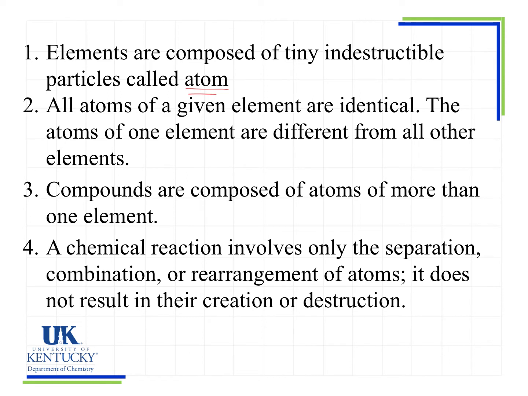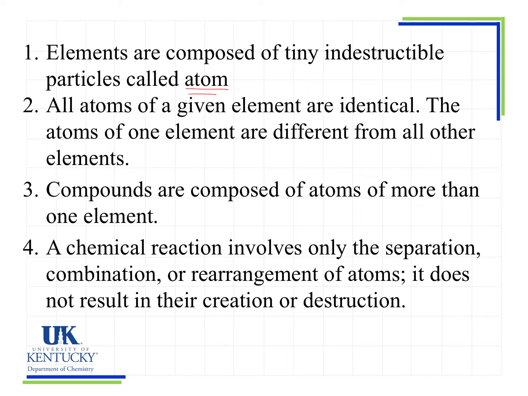The second one is: all atoms of a given element are identical, and the atoms of one element are different from other elements. So if you take, for example, aluminum and you separate it until you get to the smallest particle, which is the atom, all of these small particles are identical.